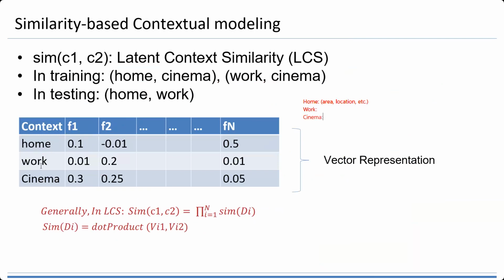For example, I watched the movie at the office, workplace. It means I can also know what is the area of the office. So how big is the size of the office? What is the location of the office? The cinema, we can also have the idea what is the area of the cinema, and then where is the location of the cinema, and so on. Okay. So there might be more additional features.